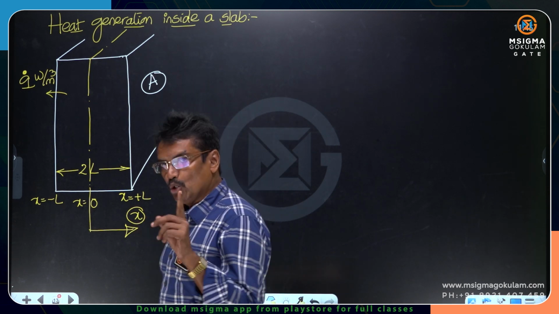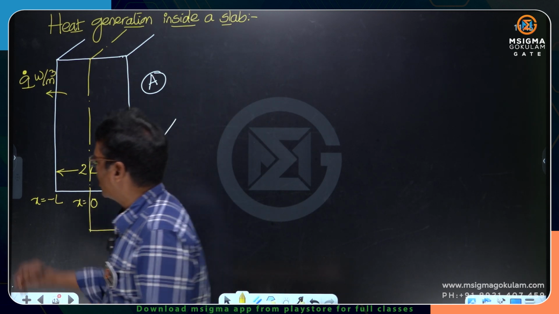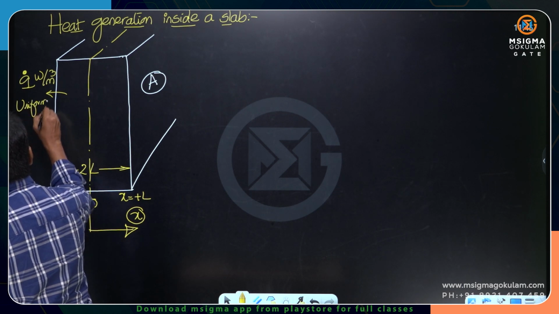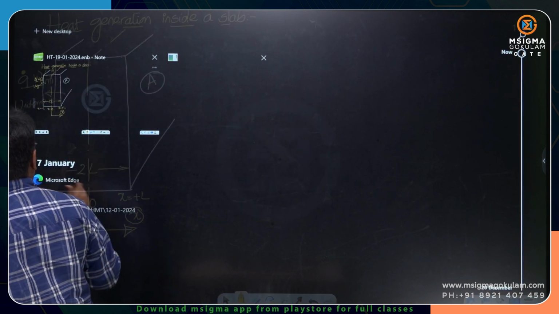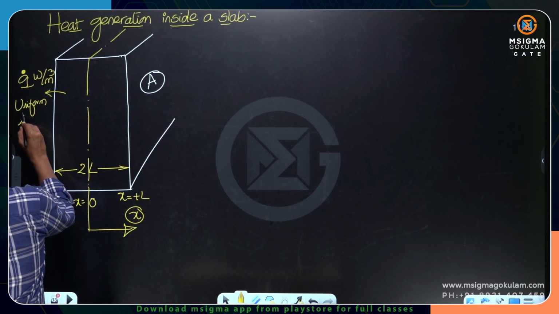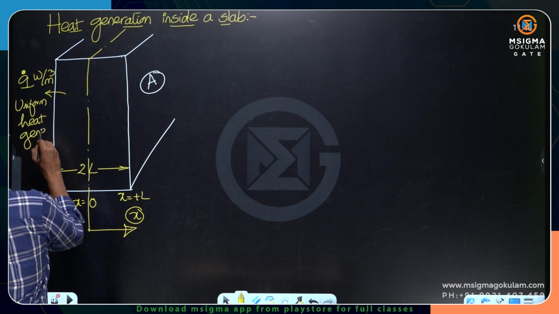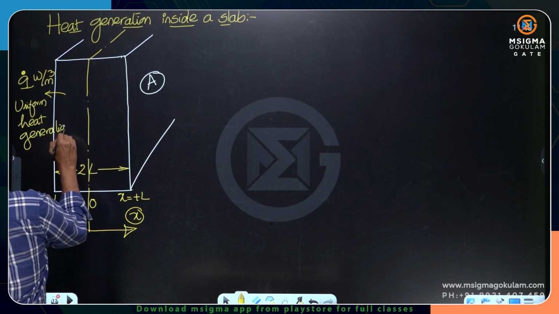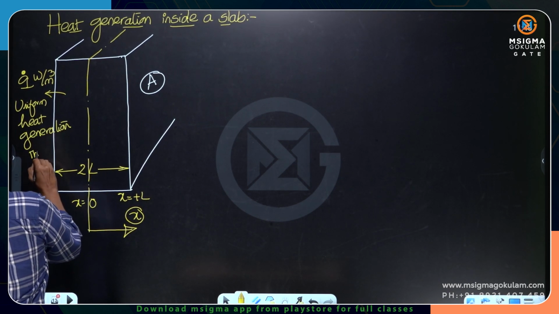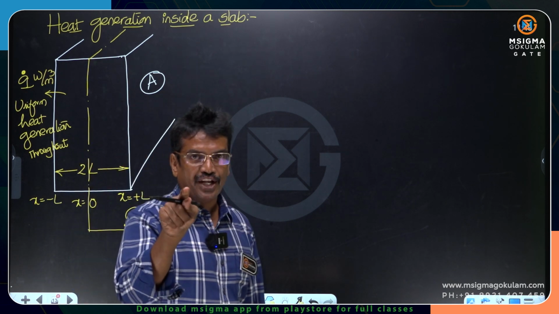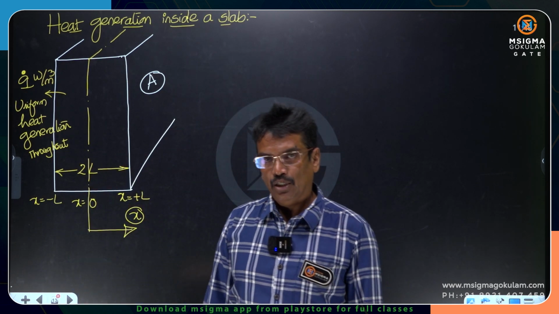Uniform means the same at every location. It is not that you generate heat at only one point; everywhere you generate the same amount throughout the slab.